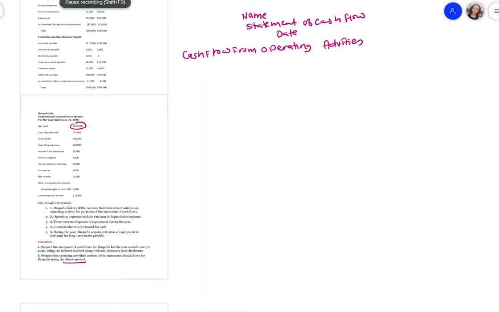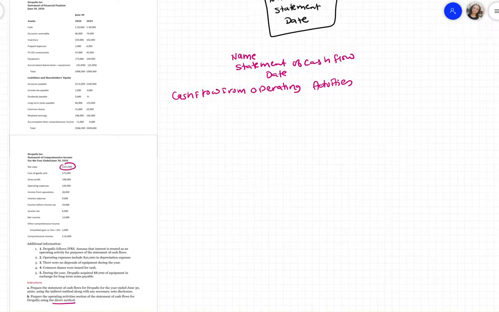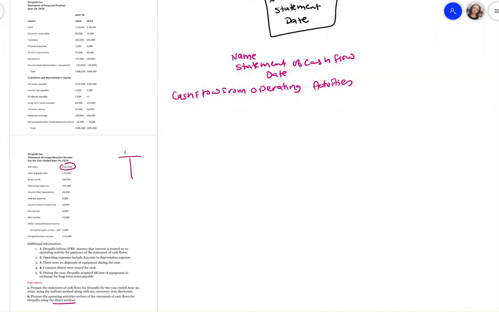If we're starting with the net sales, we need to connect it. What are we connecting the net sales to? Accounts receivable. If I look at accounts receivable here, we started off with 74,000. Our current year sales are 323,000.